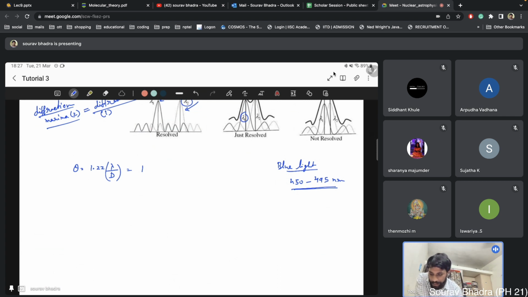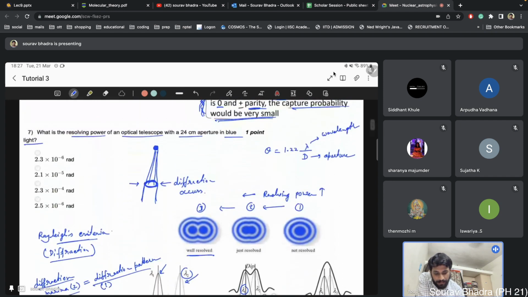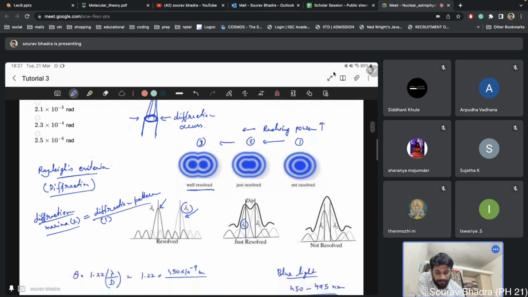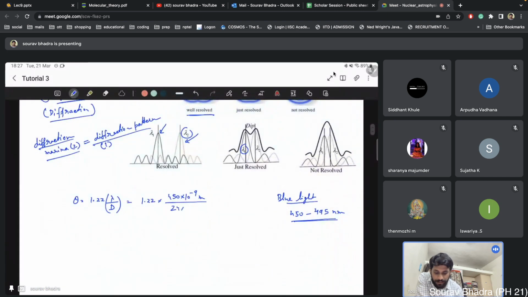Now if I calculate using 1.22 into 450 nanometer, meaning 450 times 10 to the power minus 9 meter, and your aperture has been given as 24 centimeter, meaning 24 times 10 to the power minus 2 meter, it will give you 2.28 times 10 to the power minus 6 radian for 450. Similarly, if I use 495, the value will be 2.51 times 10 to the power minus 6 radian.